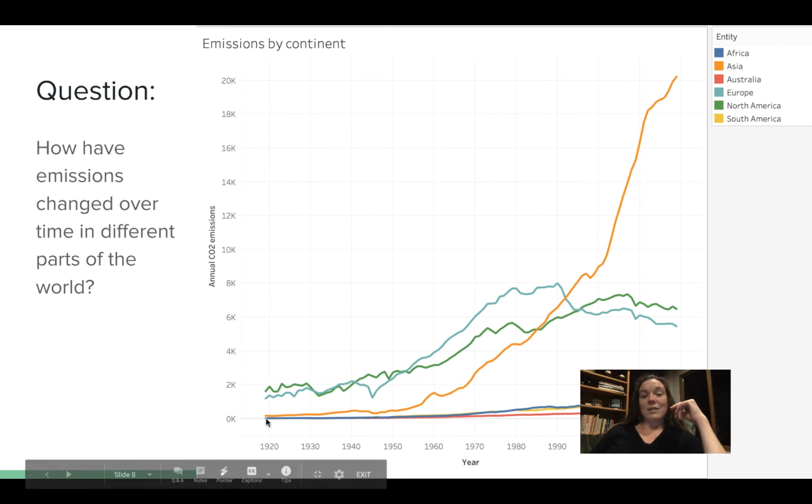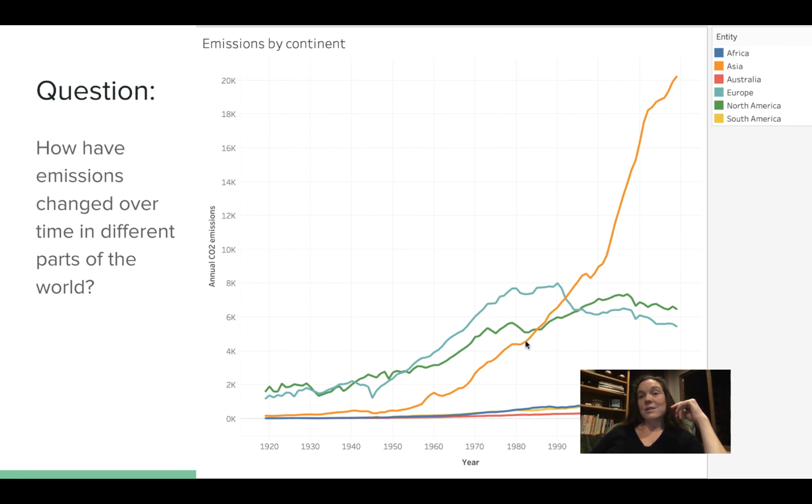So between 1920 and maybe the 1980s, the industrialized continents of Europe and North America were the biggest polluters. However, in about the 1980s, Asia, containing the powerhouses of India and China, surpassed North America and Europe to be the largest producer of greenhouse gases by a significant margin.